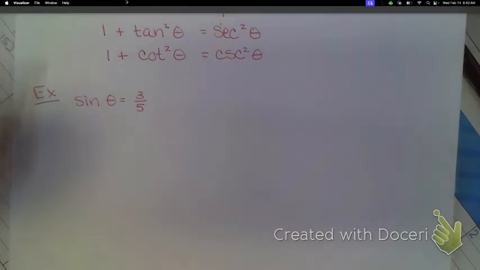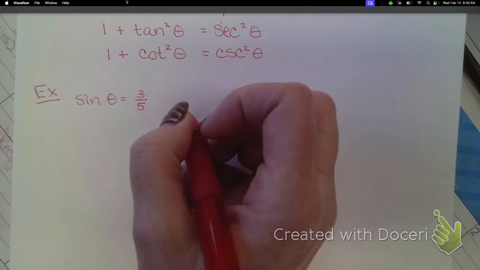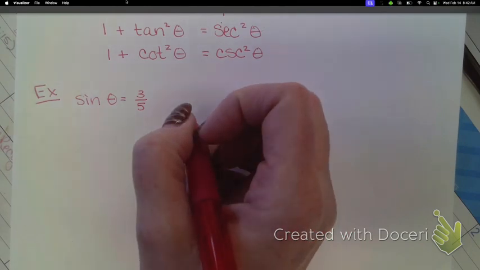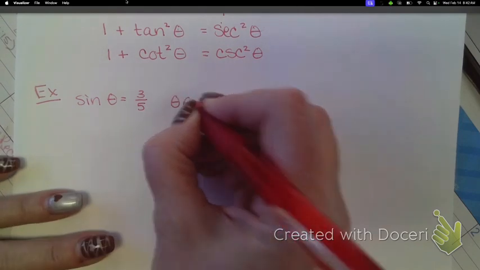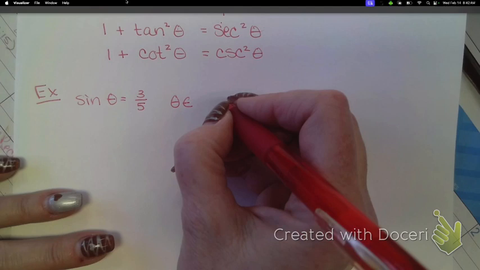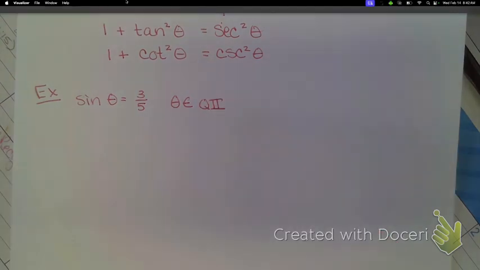And theta terminates. What does that mean? Terminates. It's where it stops, right? So instead of theta terminates, I'm going to say theta lies in quadrant 2. They could also say that sine is positive and cosine is negative. Well, that would be second quadrant, right? Those would be clues to get you the second quadrant.